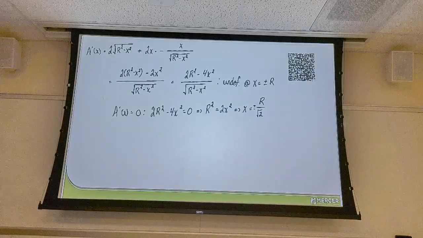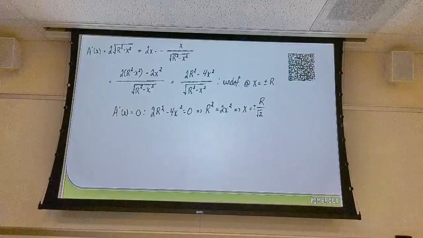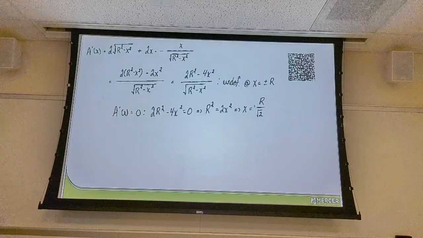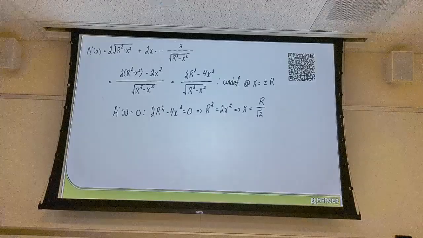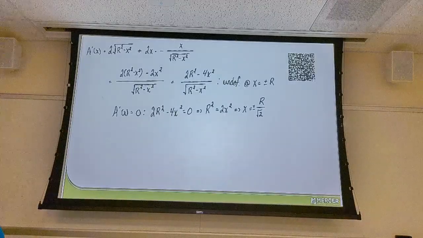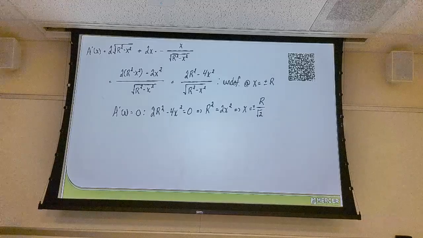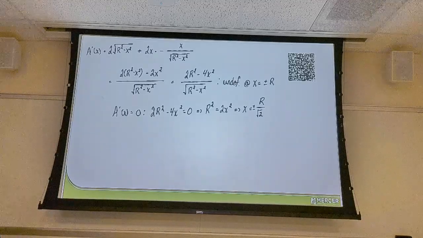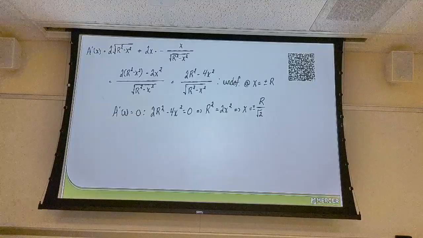And plus or minus. Actually, no. Oh, right, yeah. Plus or minus. R will always be positive, but X not necessarily until we look at the domain. Now you just look at which are interior.